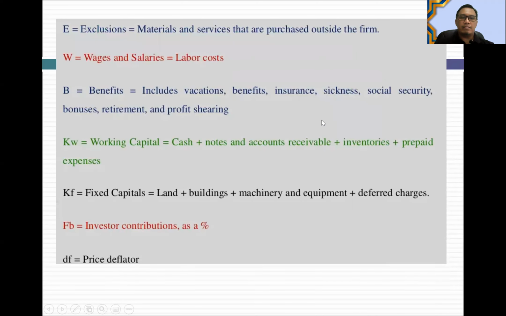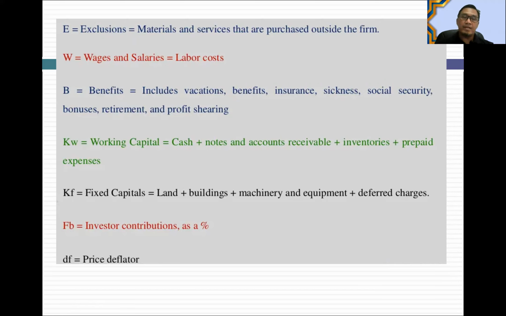So W once again is the wages and salary. B is the benefit. Benefit is every kind of benefit received by the employees of the company. It could be vacation, leave, insurance, sickness, social security, retirement, profit sharing, and something like that.